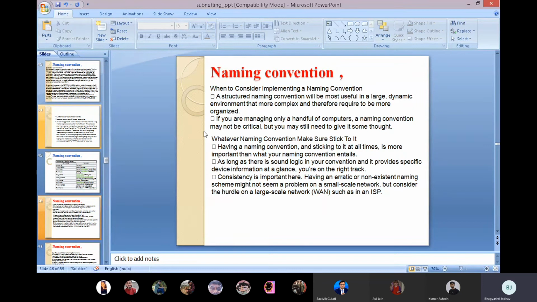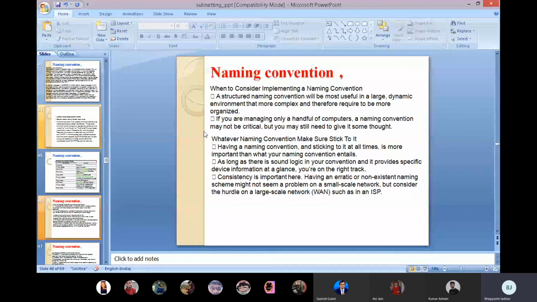Then the next is, as long as there is a sound logic in your convention and it provides specific device information at a glance, you are on the right track. Consistency is important. Having an erratic or non-existing naming scheme might not seem a problem on a small scale network, but it is a problem for a big network, that is a WAN, wide area network.